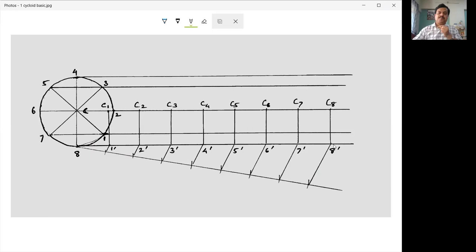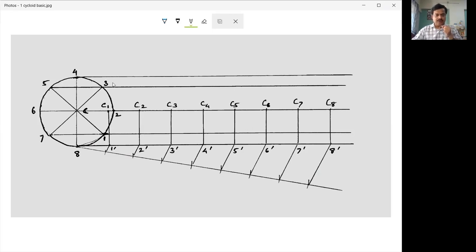Next, from all these points 1 dash, 2 dash, 3 dash and so on, draw vertical lines. Also, from these 8 points that we have already marked, 1, 2, 3, 4 on the circle, get all these horizontal lines going like this. So in short, you would have 5 horizontal lines.